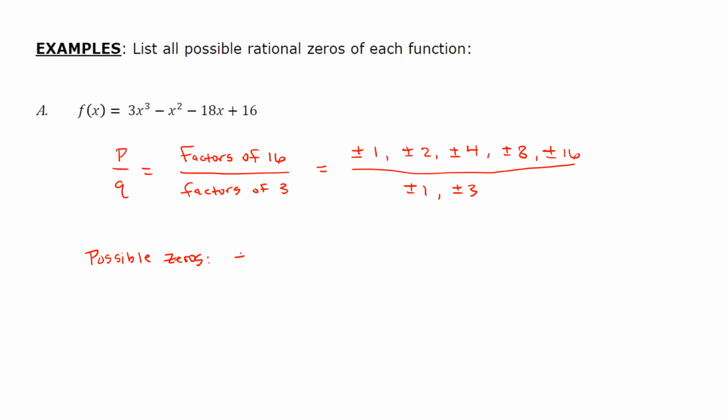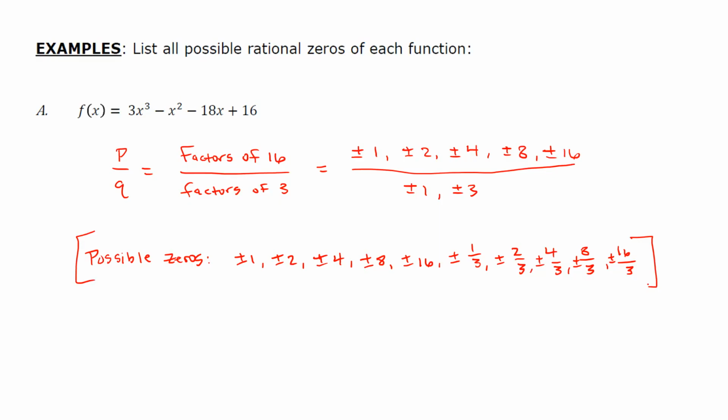And that's going to get me the values plus or minus 1, 2, 4, 8, and 16. I'm going to take all the values in the numerator and divide it by 3. So that'll give me plus or minus 1/3, 2/3, 4/3, 8/3, and 16/3. Okay? And so these are all of the possible zeros of f of x.